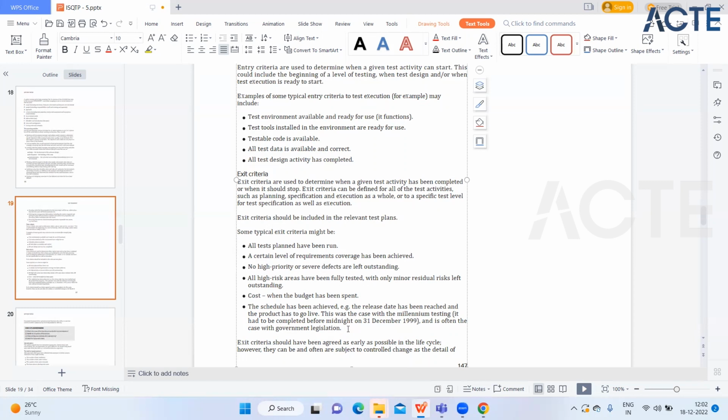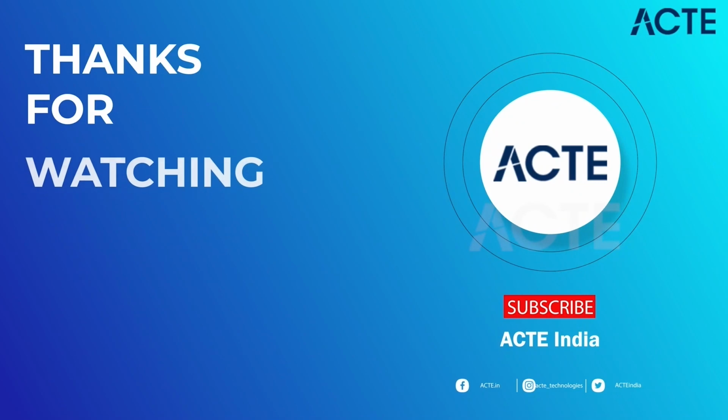Maybe you'll get a question: where are we checking that a certain level of requirement coverage has been achieved, or that no high priority severe defects are outstanding? We are checking it under the exit criteria. So you just have to remember these bullet points for entry criteria and exit criteria.